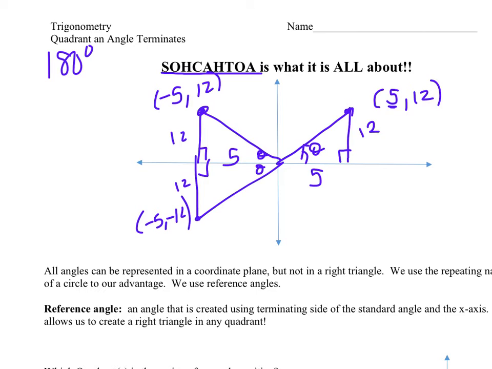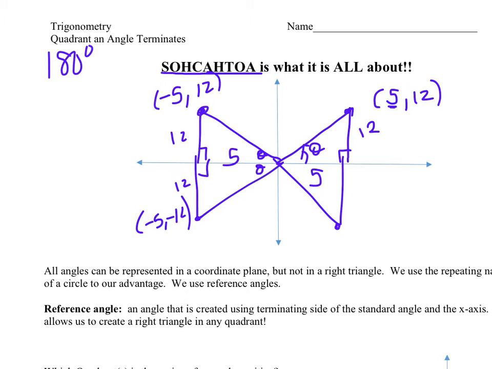So this creates, in essence, a circle, because it's 360 degrees, this whole coordinate plane. We can create 4 of the exact same triangles, but we know their terminal sides will represent a different angle.